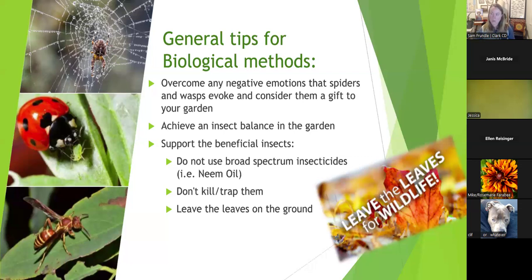Trapping and killing those beneficial insects is also a problem. A lot of the traps we have, like sticky traps, end up catching a lot of beneficial insects too. If we leave the leaves on the ground, we are leaving leaves for wildlife. That's where a lot of these beneficial insects will put their eggs, things like that. So we want to promote their ability to do that.